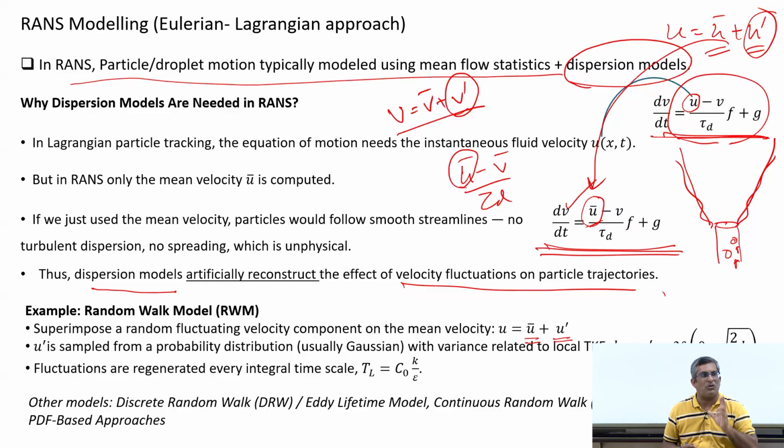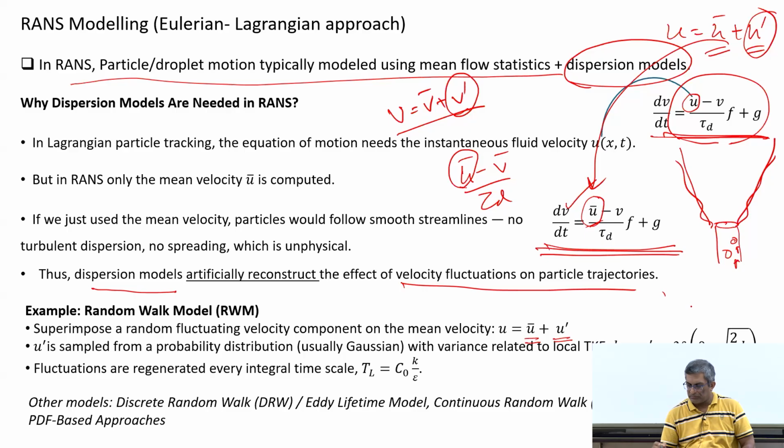By assuming isotropic turbulence, you can say that the velocity fluctuation in all three directions are the same, and that is equal to root over 2 by 3 k. Okay. So, this is basically your u dash.